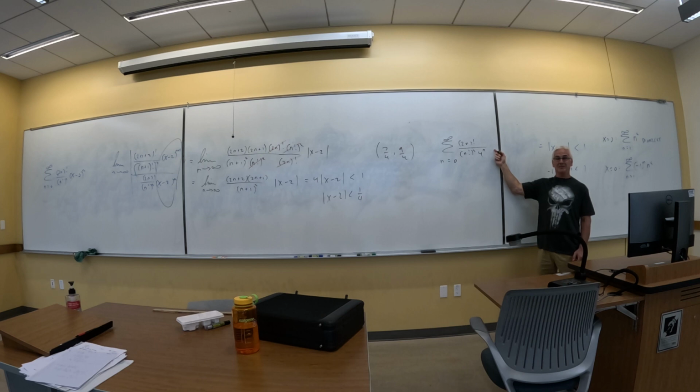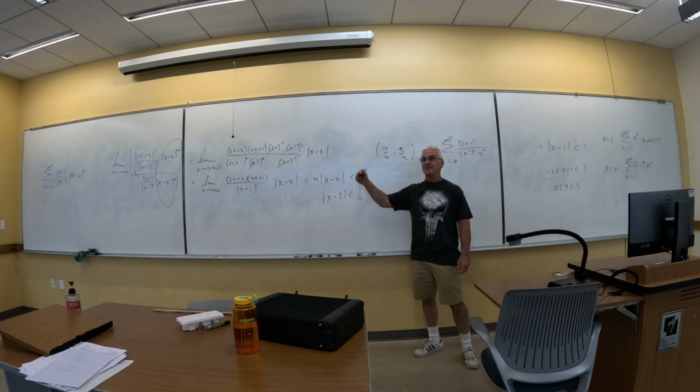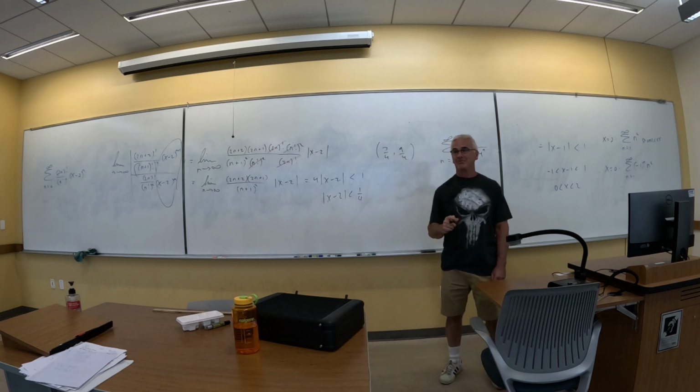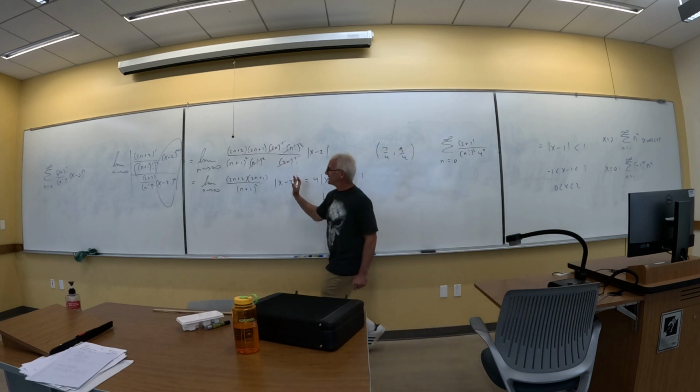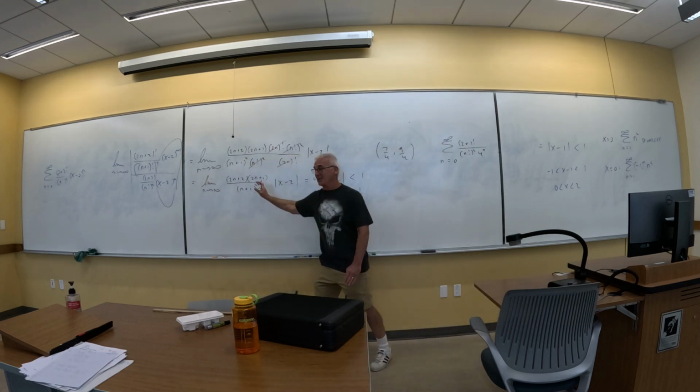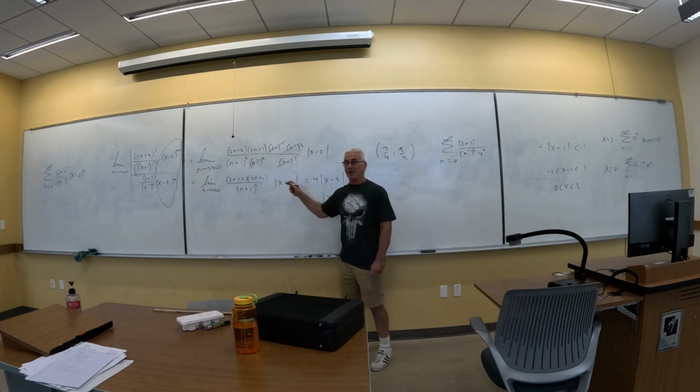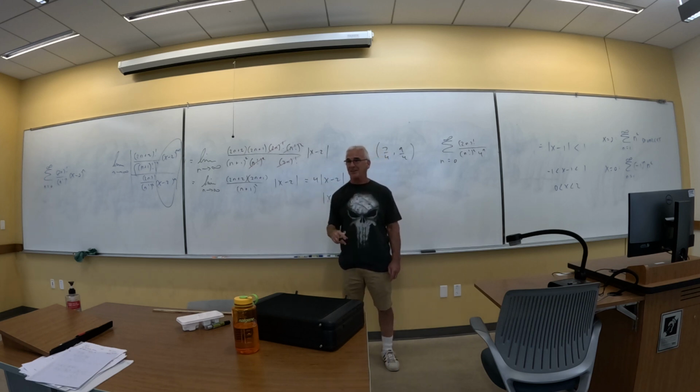Or is it? No, when I do the ratio test on this, I'm going to get that it's equal to 1, aren't I? How do I know that? Because if I do the ratio test, isn't all the other stuff still going to be there? The only thing I changed was the x. So I'm saving you some time. Don't do the ratio test again.